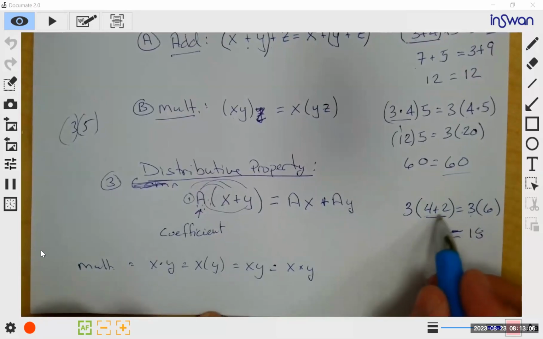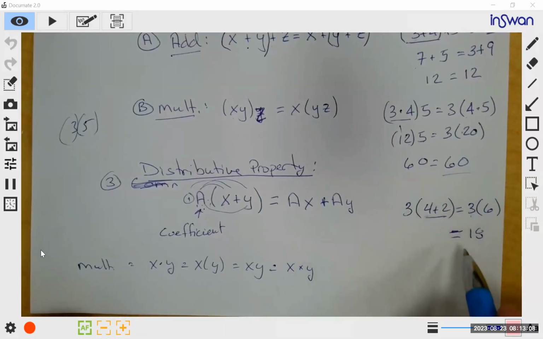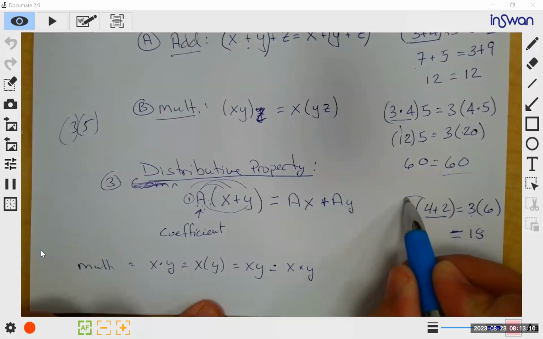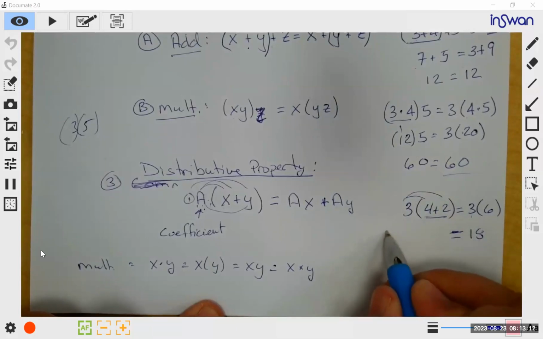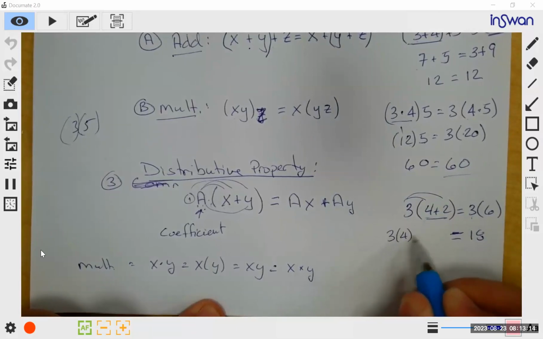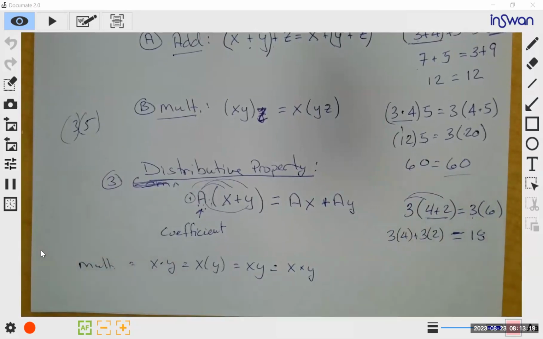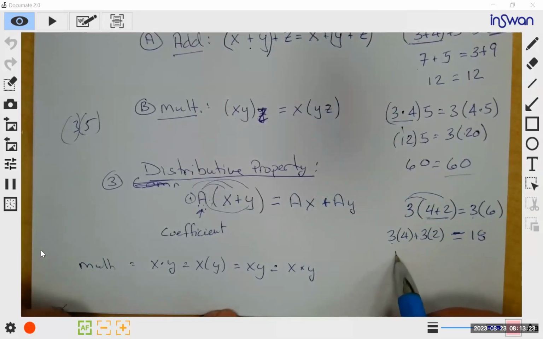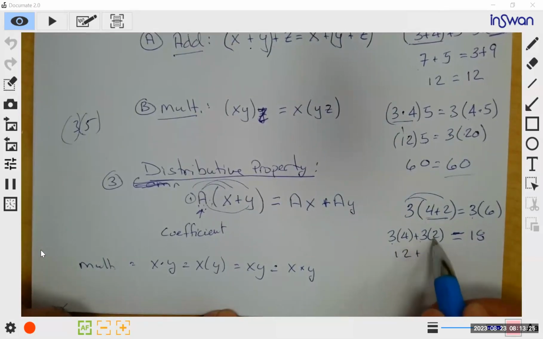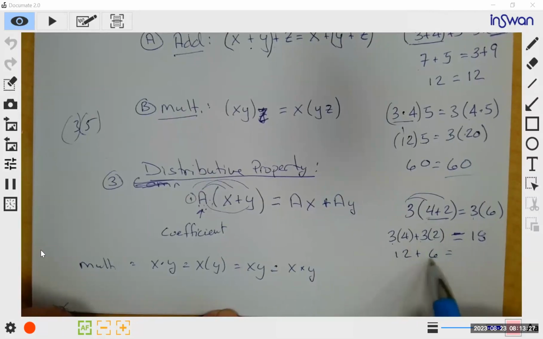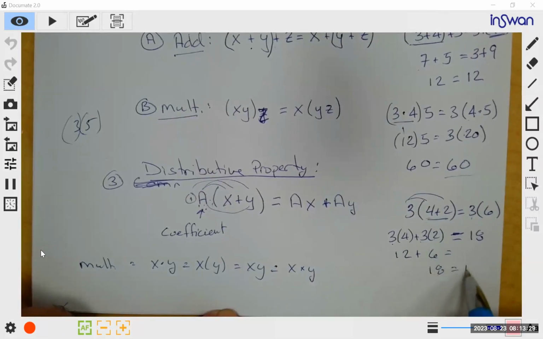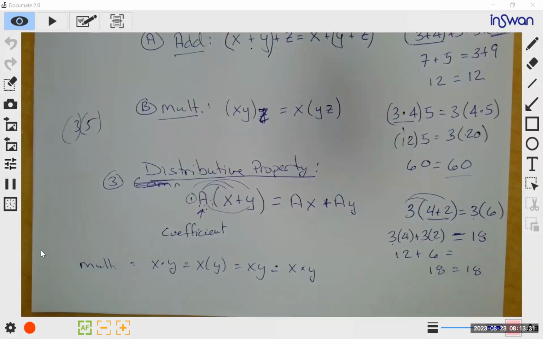If you can do inside the parentheses, go ahead and do it, and then do the coefficient. Or if you wanted to, you could distribute. 3 times 4 plus 3 times 2. 3 times 4 is 12. 3 times 2 is 6. 12 plus 6 is 18. And it works.